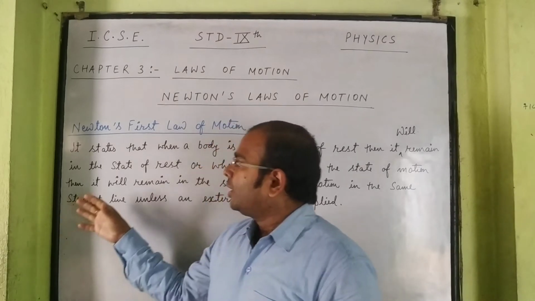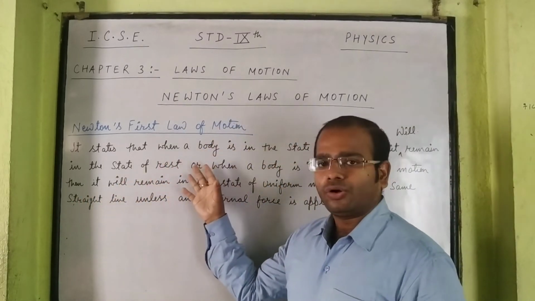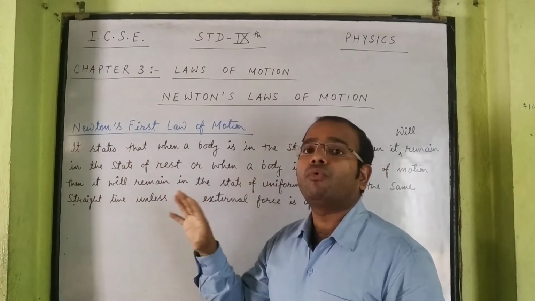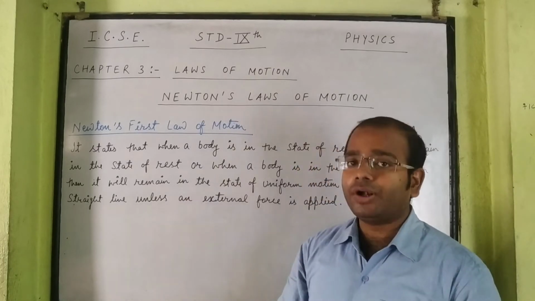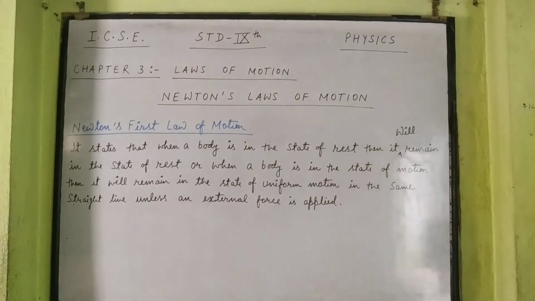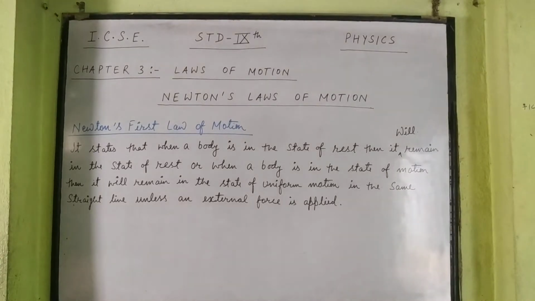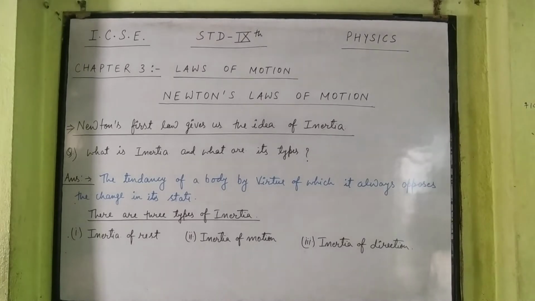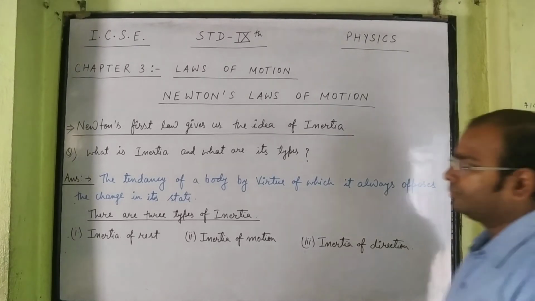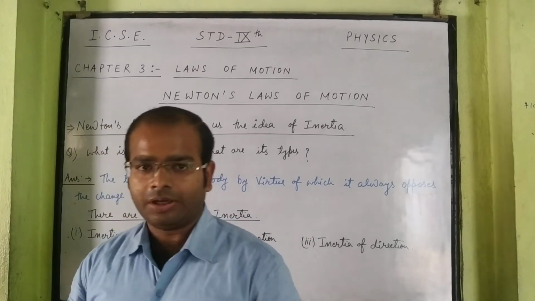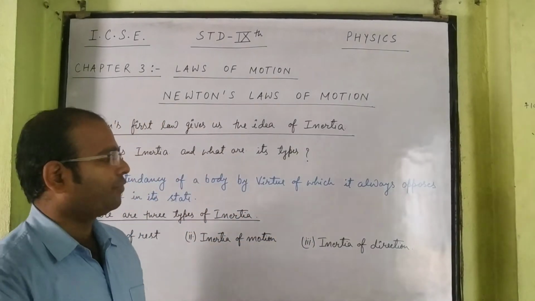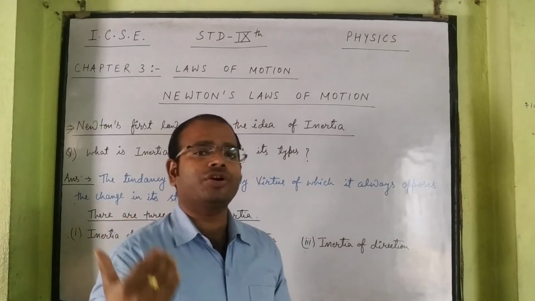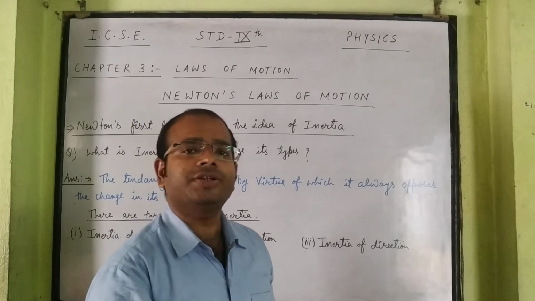After the statement of Newton's first law, which gives us the idea about inertia, we will discuss what the inertia of a body is. We have seen the statement of Newton's first law, and according to it, every body wants to remain in its previous state.